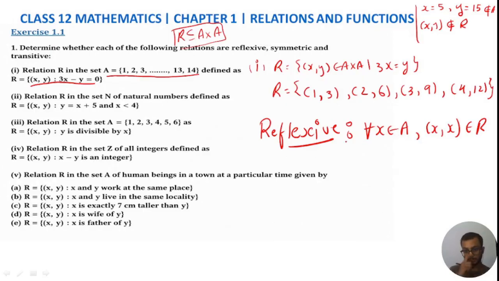And if the relation is not reflexive, then we should find one element x from A such that (x, x) is not in R, right?